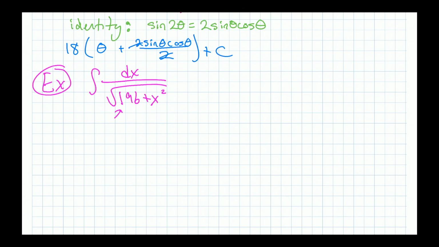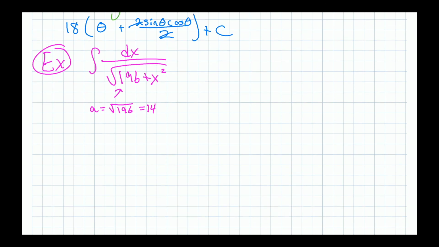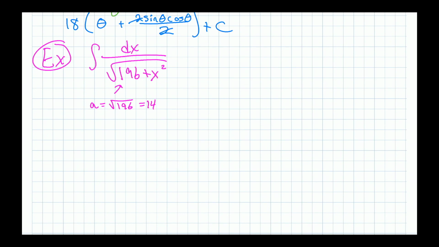So a squared is 196, so a is the square root of 196, which I just did, and it's 14, which is good. It's nice that it's a good number, though it doesn't really matter. So what are we going to do with that? We're going to pick our substitution.